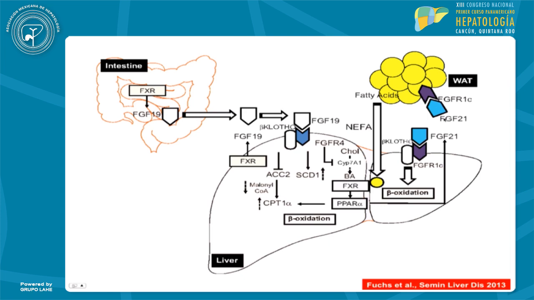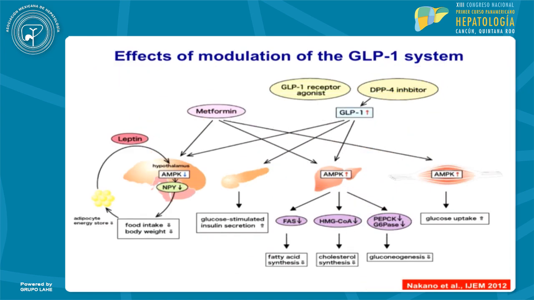It's a cytokine that is generated within the liver as much as the sirtuin that was referred to earlier in the talk of Dr. Armendariz. So these have been shown. These are very promising therapeutic approaches, such as the modulation of the GLP-1 system that can occur mostly through GLP-1 receptor agonists, like in the recent LEAN study where liraglutide was used in a small number of patients with NASH.